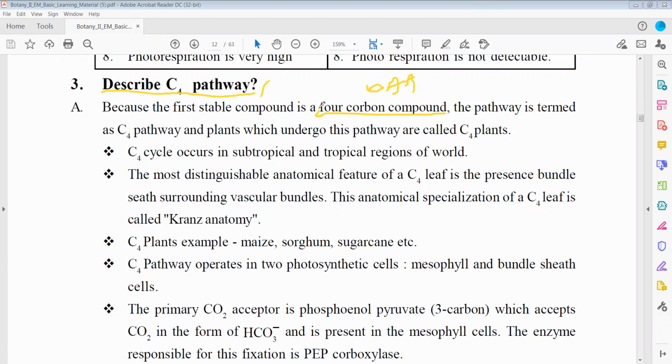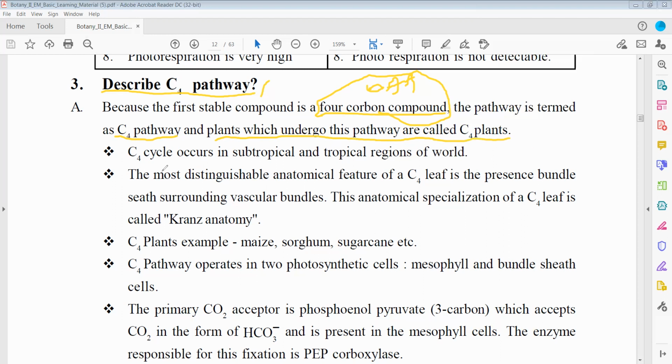In these plants, the first stable product is OAA, oxaloacetic acid, which is a 4 carbon compound. That is the reason it is the C4 pathway. The plants which undergo this pathway are called C4 plants.